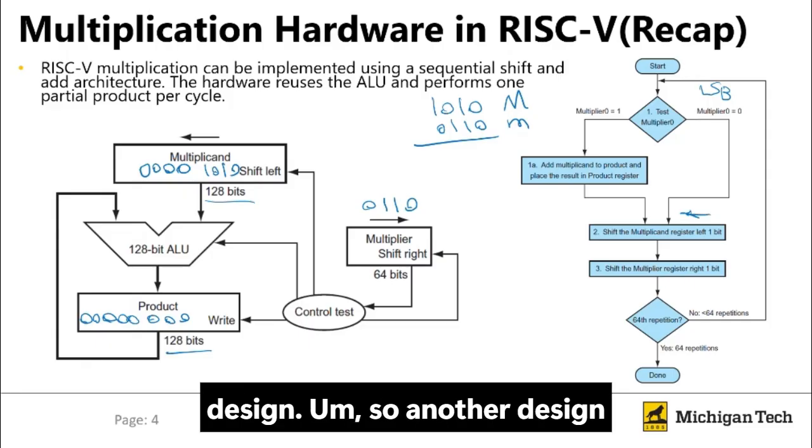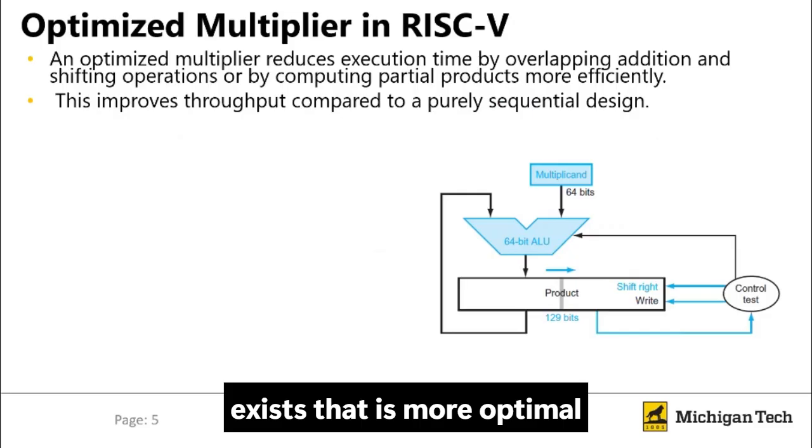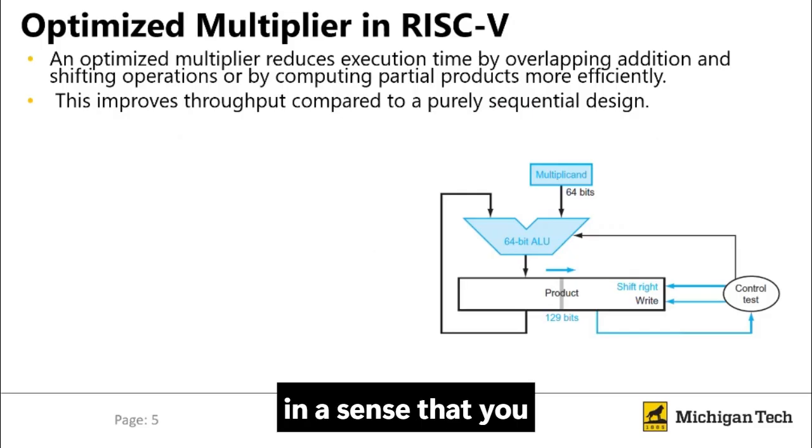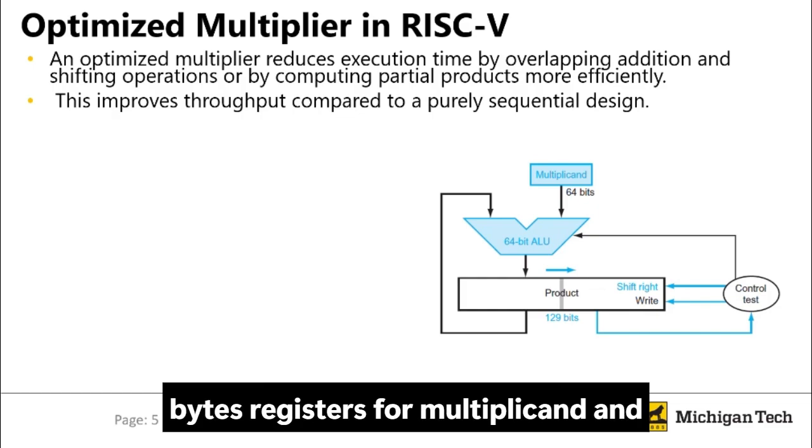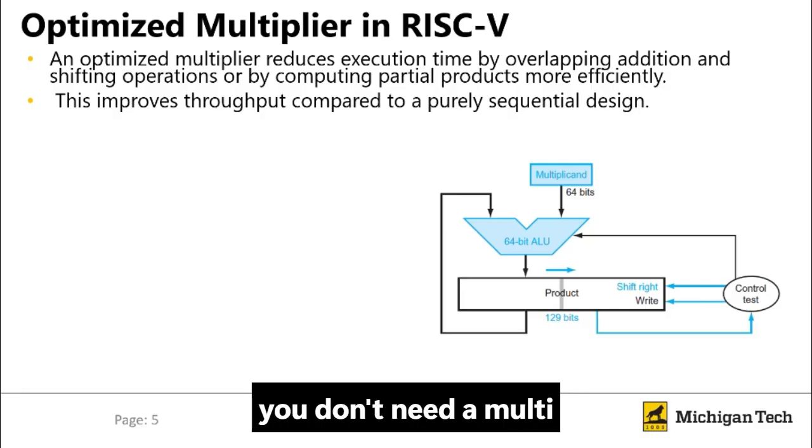So another design exists that is more optimal, in the sense that you don't need to use 128-bit registers for the multiplicand, and you don't need a multiplier register at all. Even the ALU is just a 64-bit ALU. The other one was 128-bit.